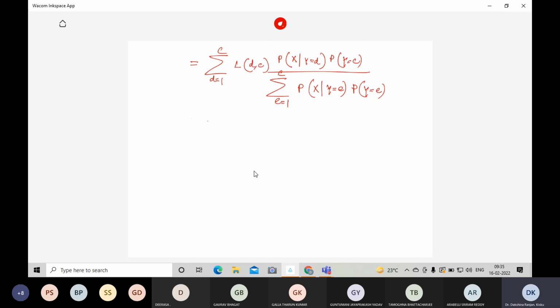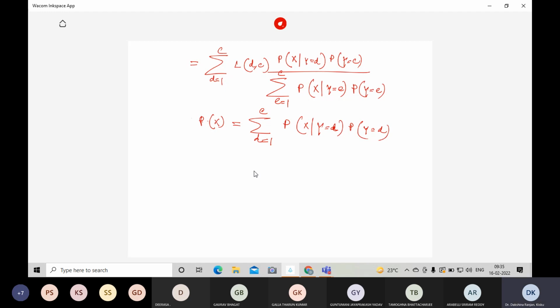So we can say that the constant probability is the reciprocal of probability of X, which will be given by one over the summation over probability of X given y equals D, multiplied by marginal probability P of y equals D.